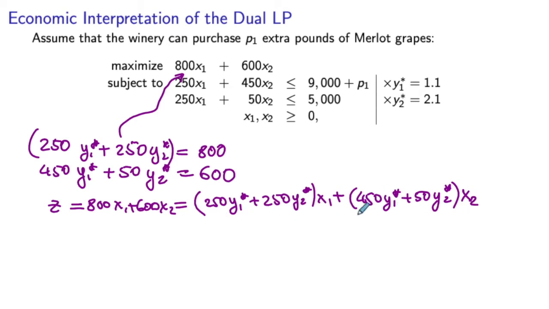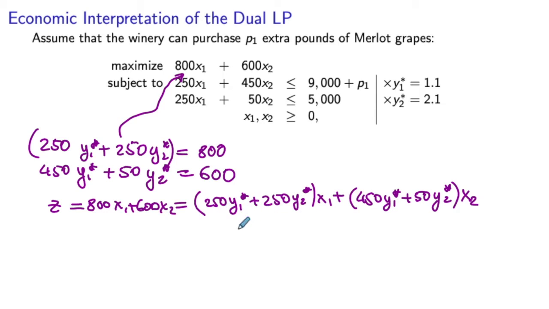Essentially we are doing the same thing as in the derivation of weak duality, but here, because we are taking the optimal value of the dual variables, we actually have equality instead of just inequality.